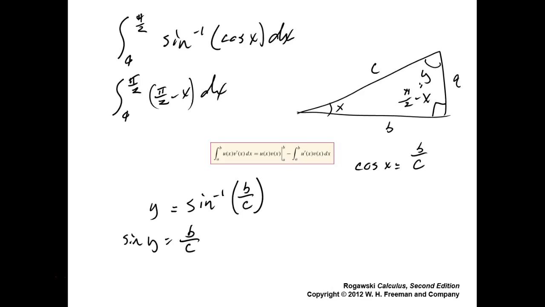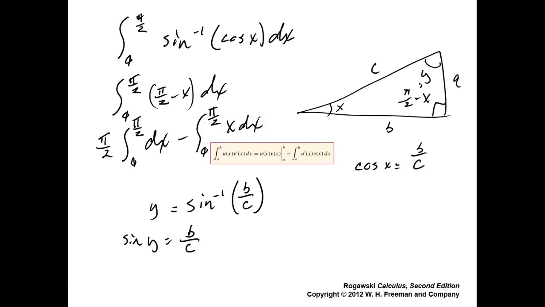The other way you could do it is this. Split that into two integrals: pi halves times the integral from 0 to pi halves of dx, minus the integral from 0 to pi halves of x dx.